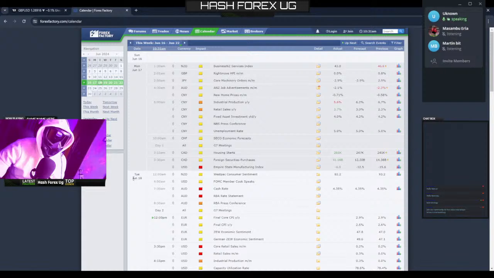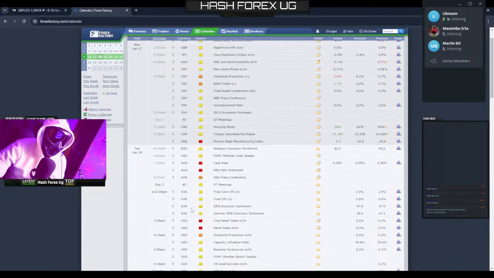If you look at Tuesday 18th, I don't think we are having any news on GBP, apart from this Euro CPI at around 12, which might also somehow affect the GBP because they are all in the same London session. So we shall look out around this time, around 12.